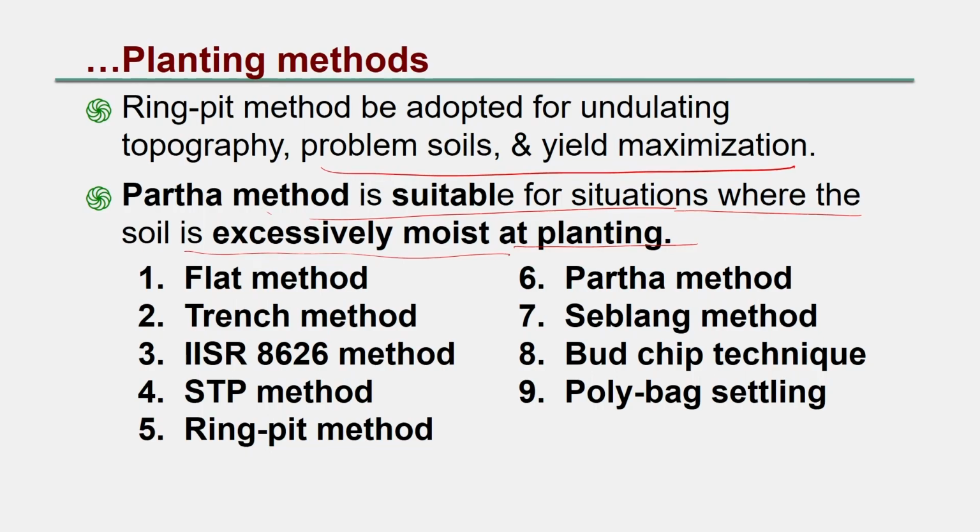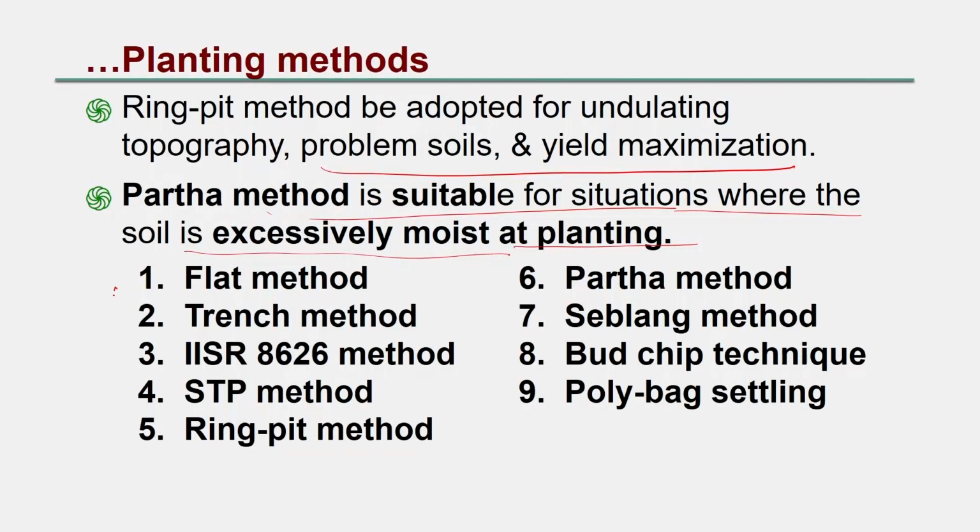So a number of methods are available and a single method cannot be applicable to all conditions. Overall you can see there are 9 methods: flat method, trench method, IISR 8626 method, STP method, ring pit method, Partha method, Savlang, bud chip technique and polybag settling. So in brief, we are going to discuss these methods.